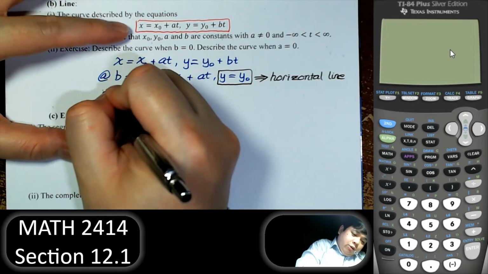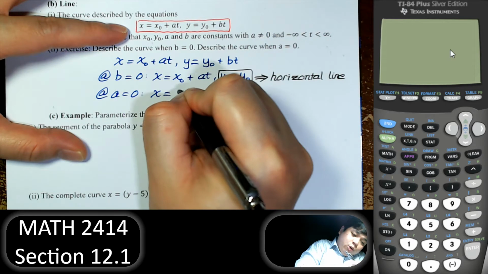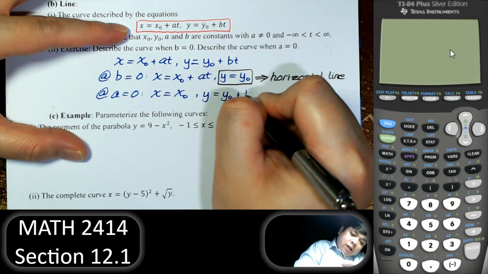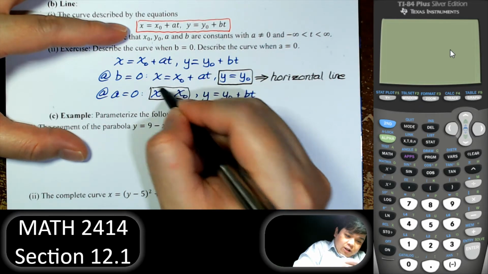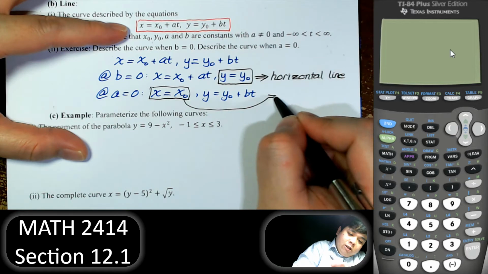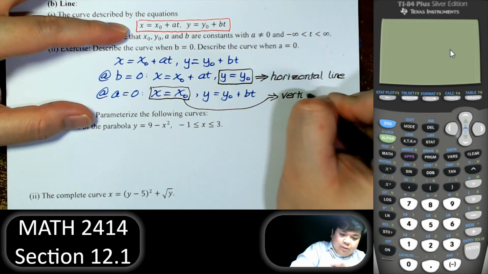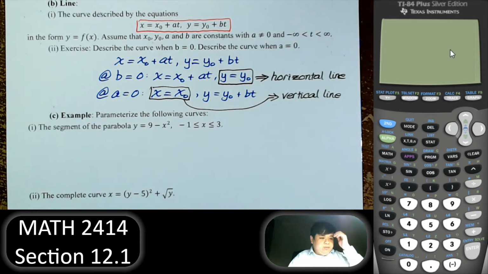And if a equals 0, x equals x0, and y equals y0 plus bt, x equals a constant, so it is a vertical line. They have constant x values, so vertical line.